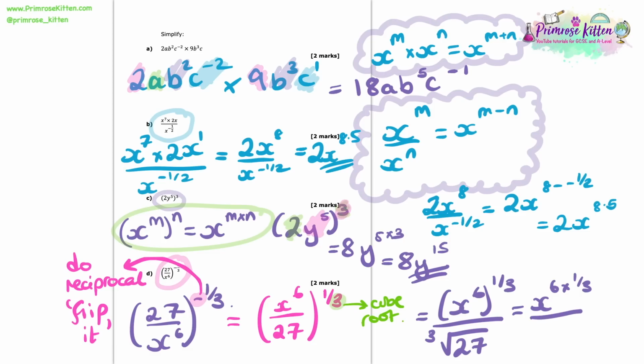Whereas on the bottom here, we should recognise that the cube root of 27 is 3. Now simplifying this, if we go back to x to the power of 6 times 1/3, 6 times 1/3 is 2. So here we get x squared divided by 3. Or we could write it as 1/3 x squared. They both mean the exact same thing.